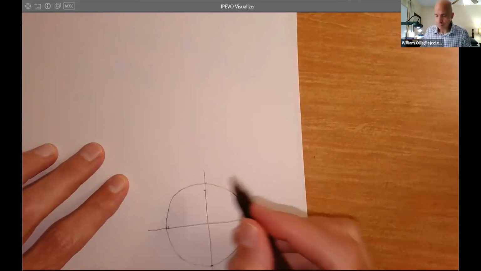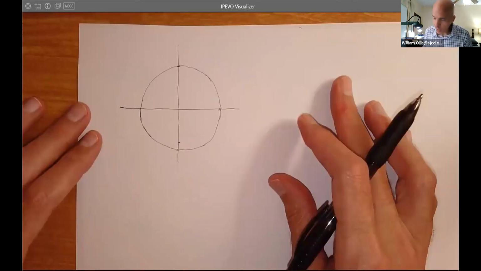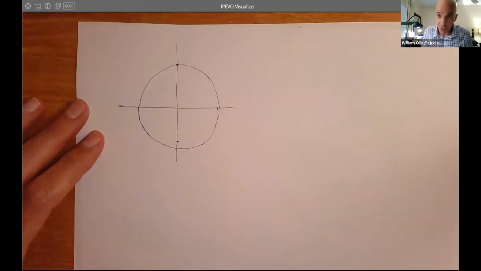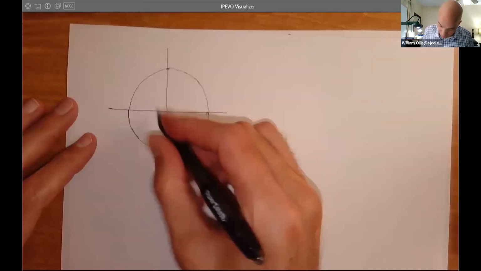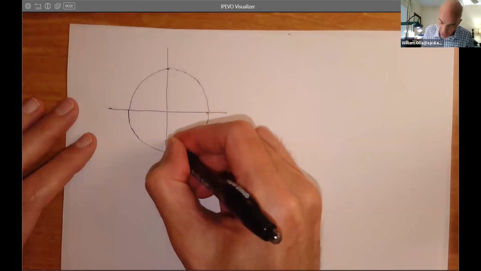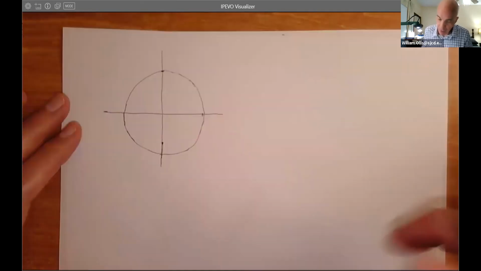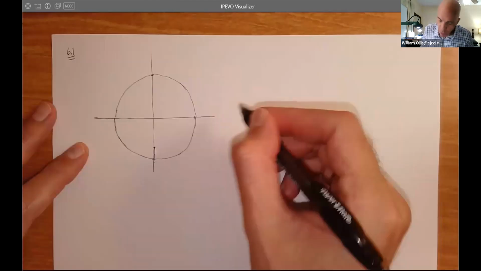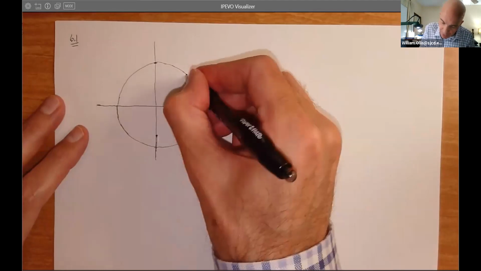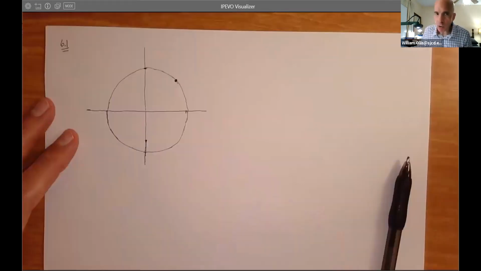There we go. That looks more like a Charlie Brown head, more like Professor Ron's head, but that's okay. We'll live with it. So as we've been doing at this point, and this is 6.1, we're thinking, for instance, that we have some measurement along the unit circle.